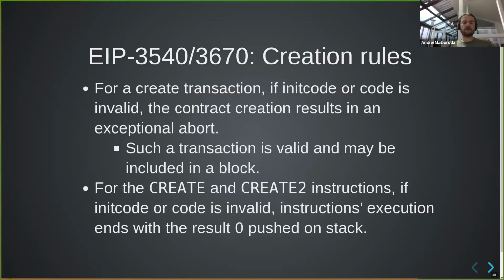There are also some details in EIP-3670 regarding what gas is deducted in all of these cases. This is important for implementations to make this work correctly, and client implementers should read that for sure.